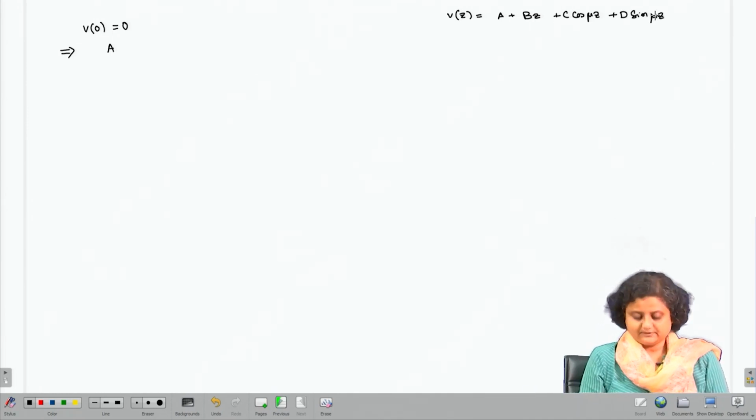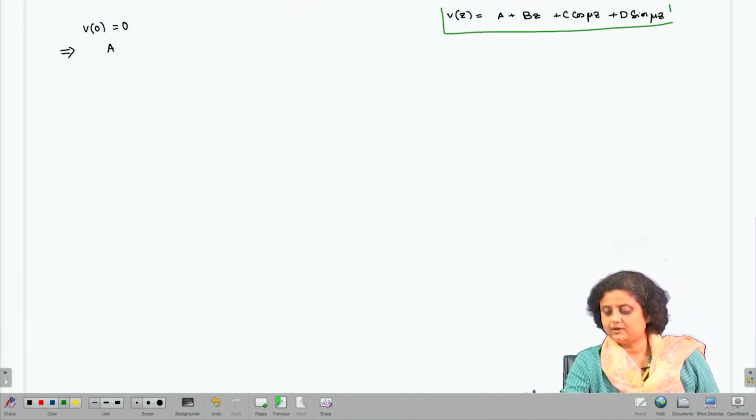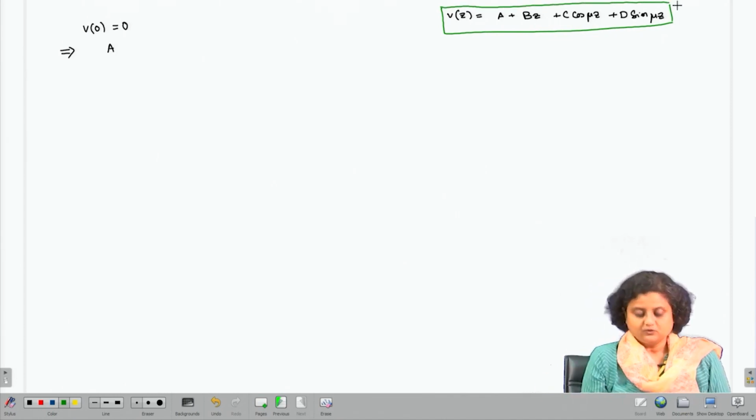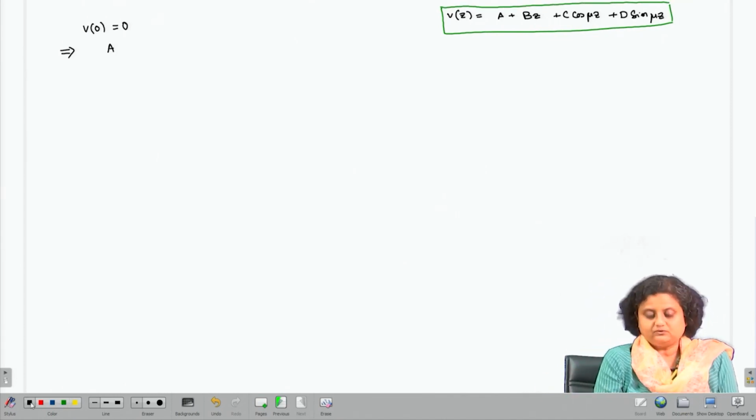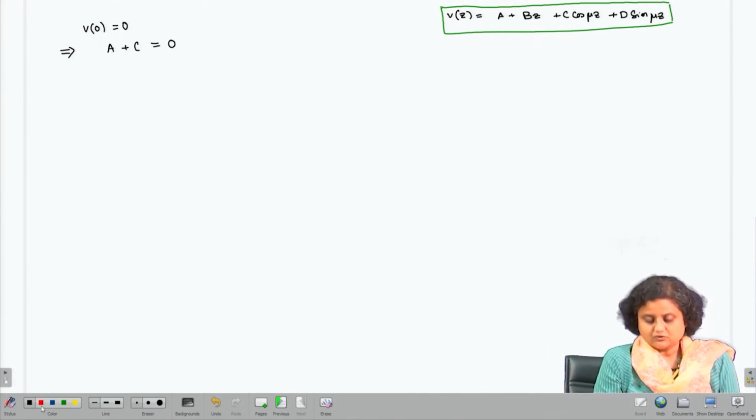Let us keep this handy so that we can refer to it as and when required. Therefore, v(0) equals 0 gives me A plus C equals 0. Let me call this equation A.